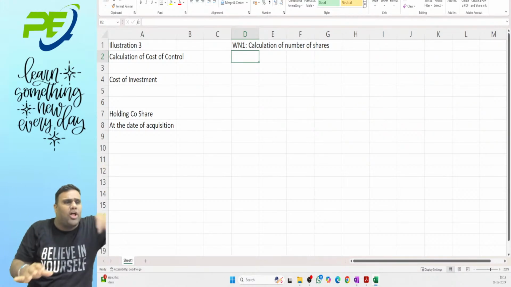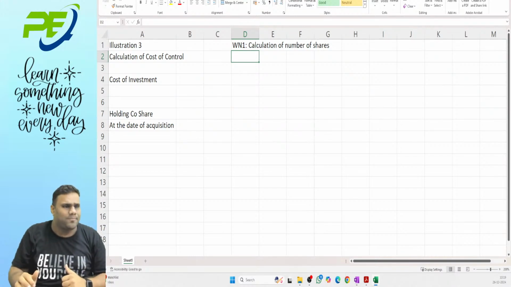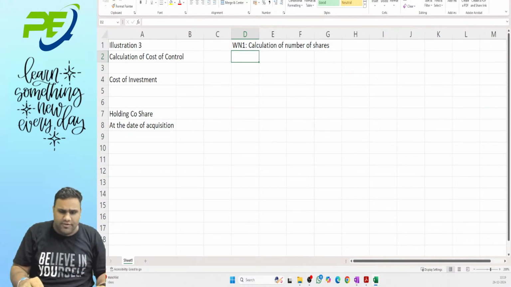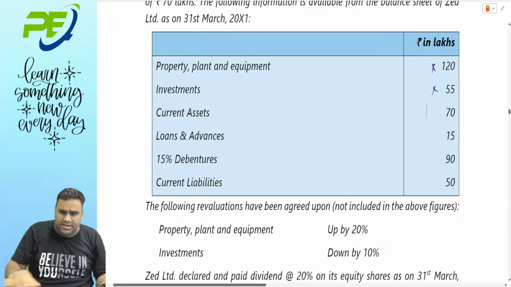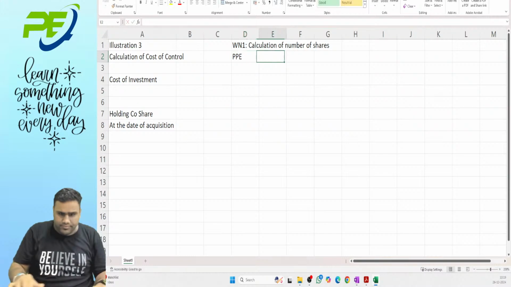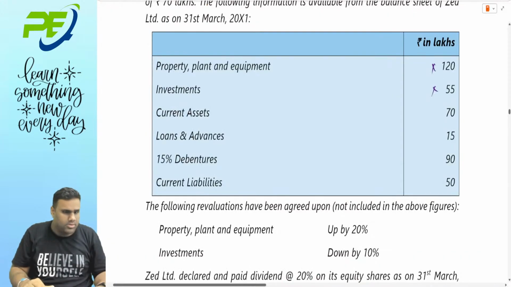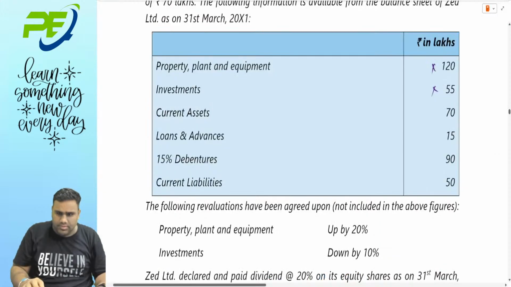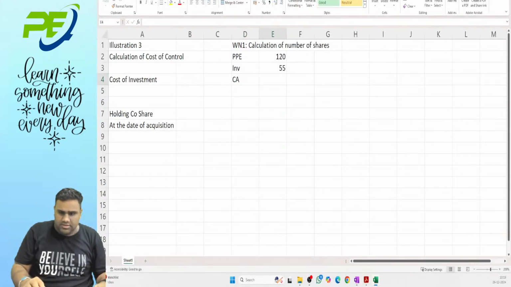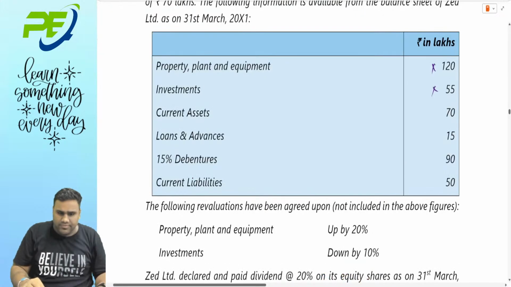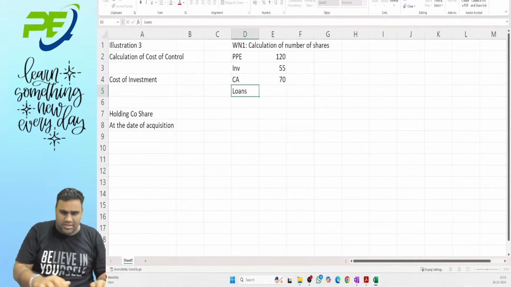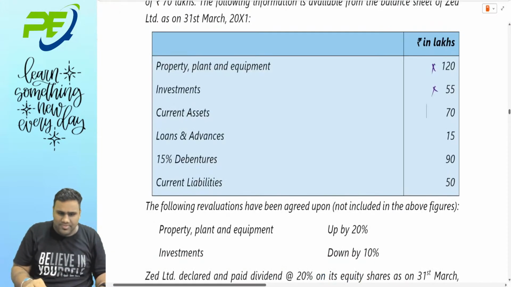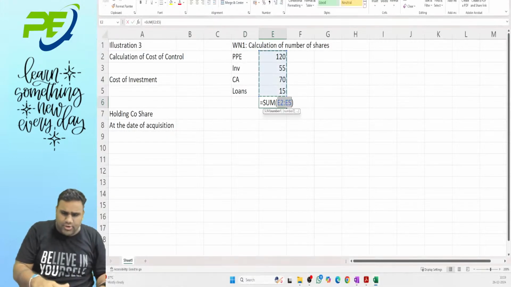Total assets minus all the outside liabilities gives shareholders fund. So I'll start with assets: PP 120, investments 55, current assets 70, loans 15. So this is the total of assets.